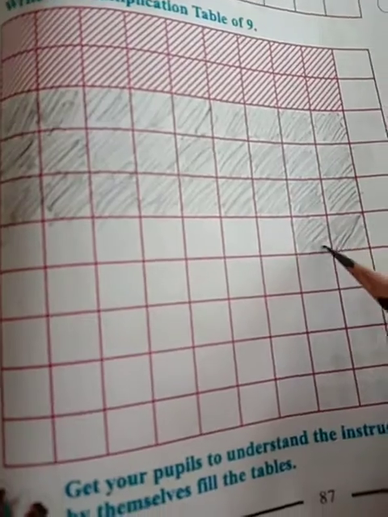Add it. Shade it. Okay. Again 9 boxes. Shade it. Shade 9 boxes. Shade all of you.